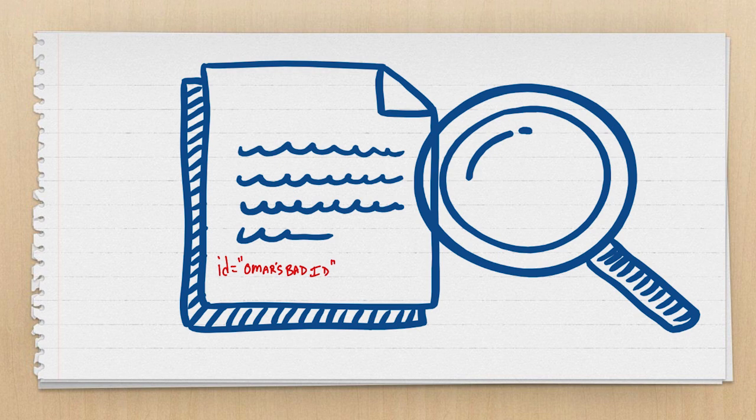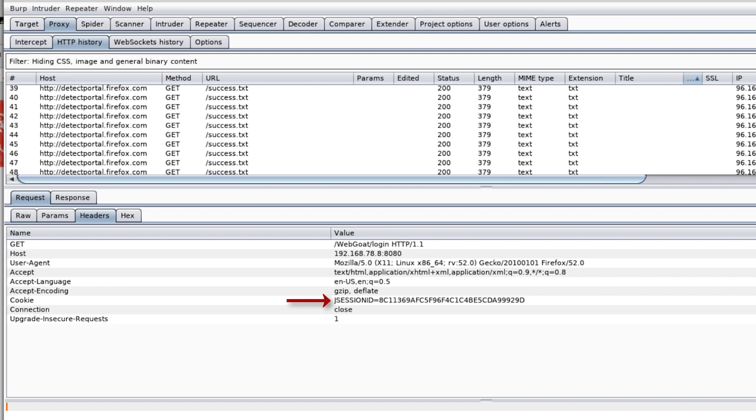Depending on the session management mechanism that is used, the session ID will be received in a GET or a POST parameter, or it can be in the URL or in an HTTP header using cookies.